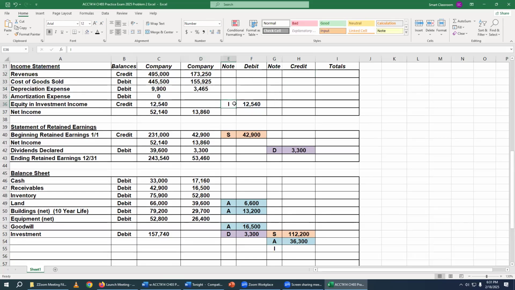So we don't want to count the income twice. Look at green. And you'll notice that this, the 12,450, gosh, that 12,540.